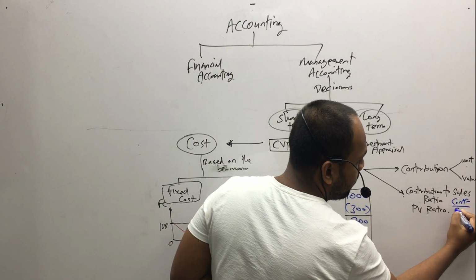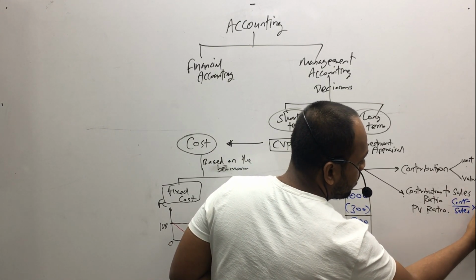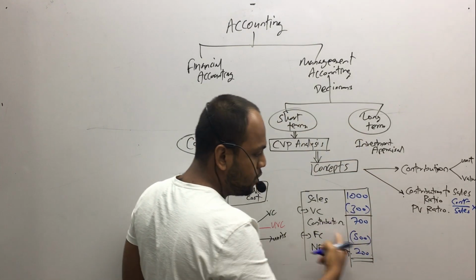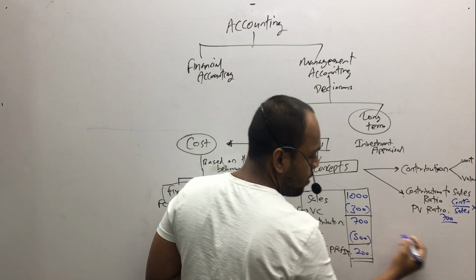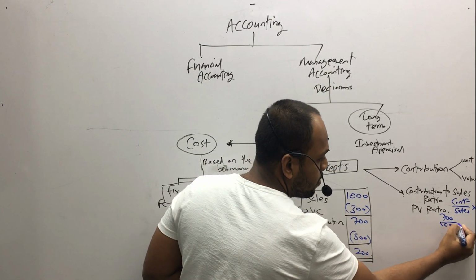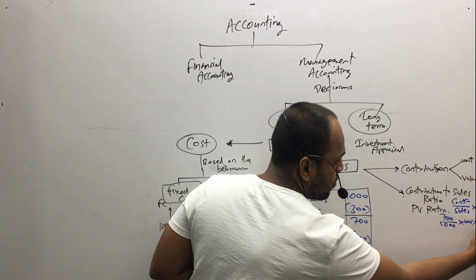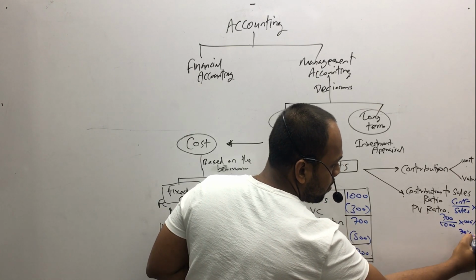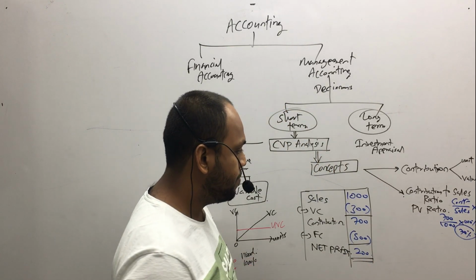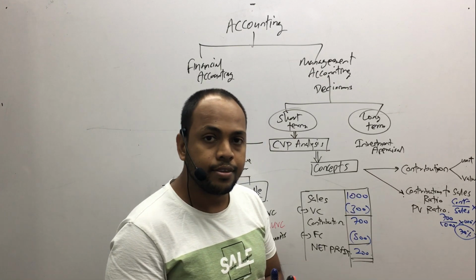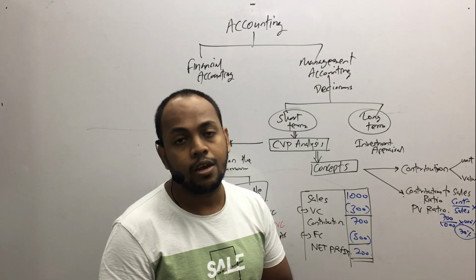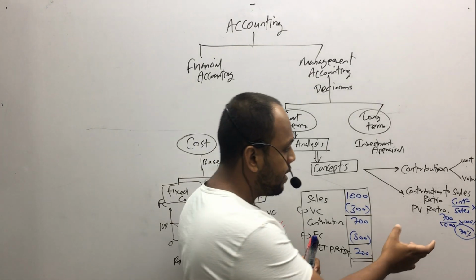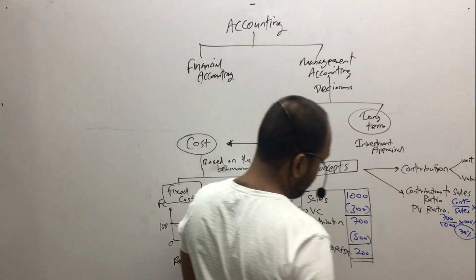If you calculate the ratio here, the contribution is 700, sales is 1000, that means 70%. Out of sales, 70% is contribution, 30% is variable cost. So that's the second concept.